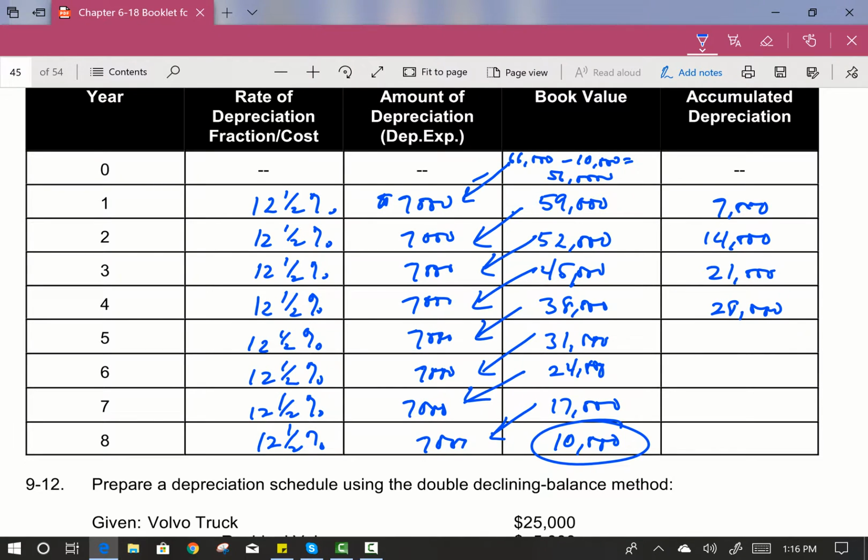Plus 7,000 is 35,000. 35 plus 7 is 42,000. 42 plus 7 is 49,000. And then 49,000 plus 7. Oh, I think I miscalculated.